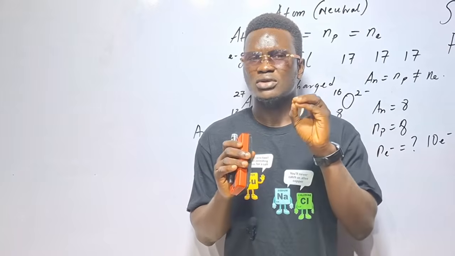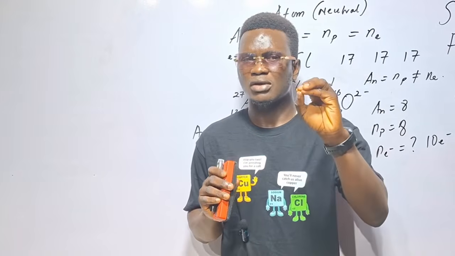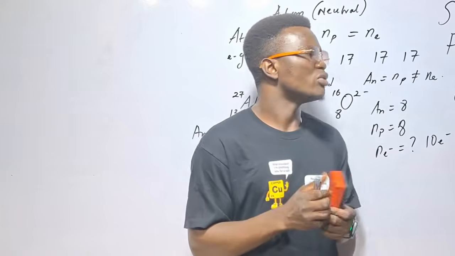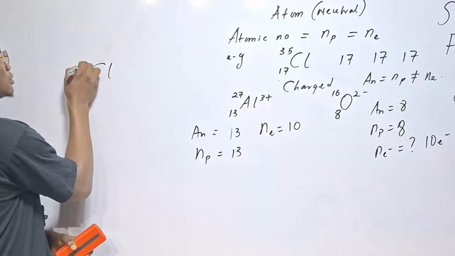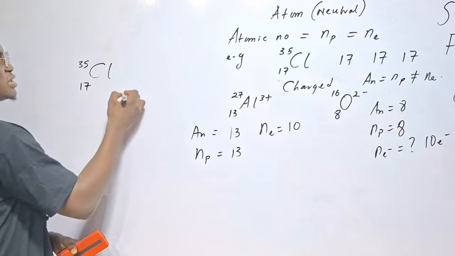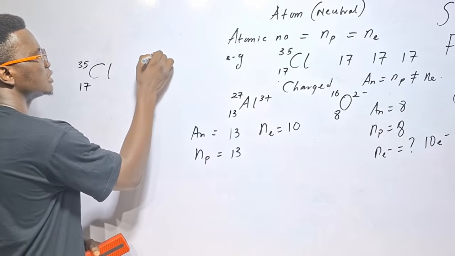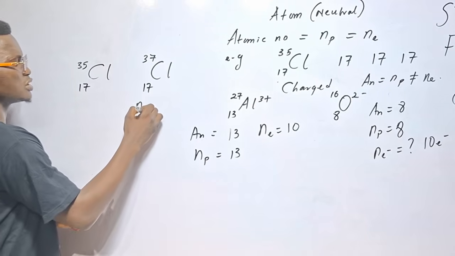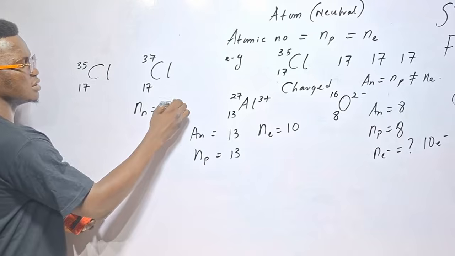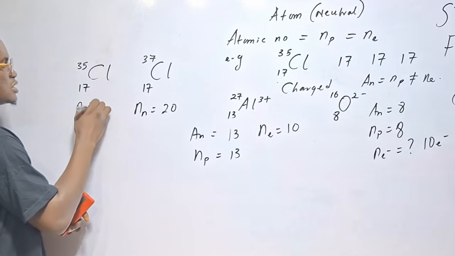You remember when I talked about chlorine 37 and chlorine 35 the other time. Now look at this. So chlorine 35 has atomic number 17. Chlorine 37 has atomic number 17. What is the number of neutron for this? The number of neutron for this is 20. The number of neutron for this is 18.